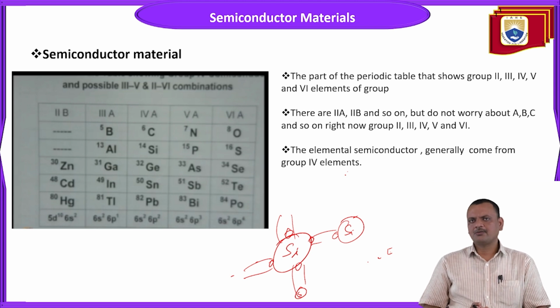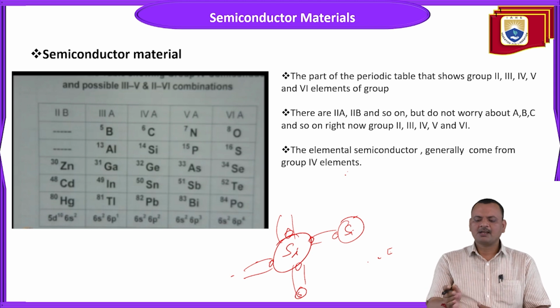Why? Because based on group only, the outermost electrons are decided. And the availability of outermost electrons is important for the formation of a stable crystal structure.